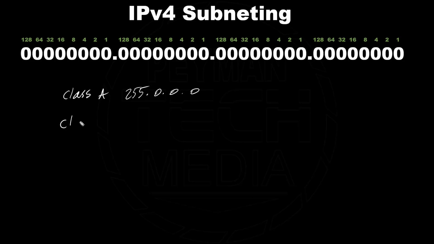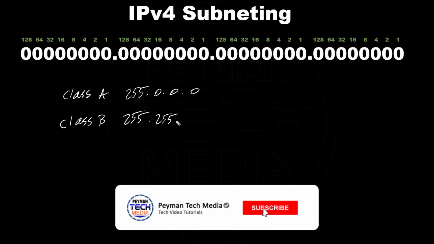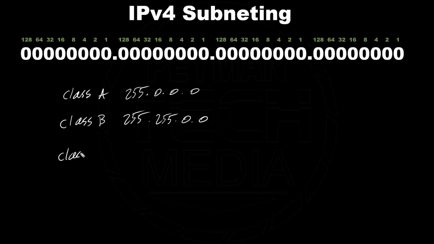The default subnet mask for Class B is 255.255.0.0. And the default subnet mask for Class C is 255.255.255.0. Again, these subnet masks are in decimal notation format.